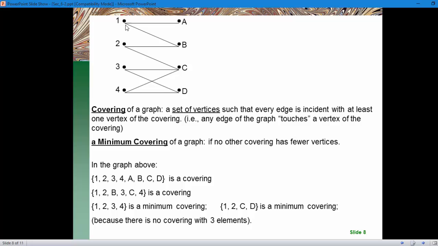If you have only 3 vertices, any 3 vertices, you're always going to leave one edge out, because you can see here that any subset of 3 vertices would always leave an edge out.